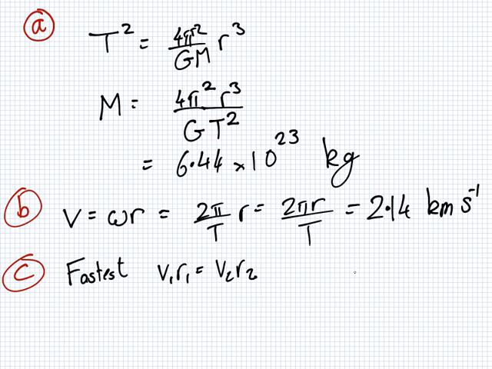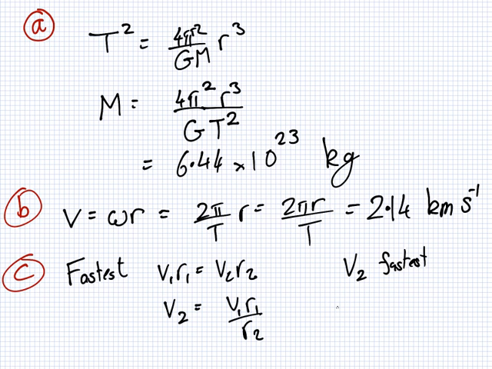And in this case, we'll say V2, we want it to be the fastest. So V2 equals V1 r1 over r2. So if we want to make V2 the fastest, we need to make V2 the biggest. So then we need to make r2 the smallest.